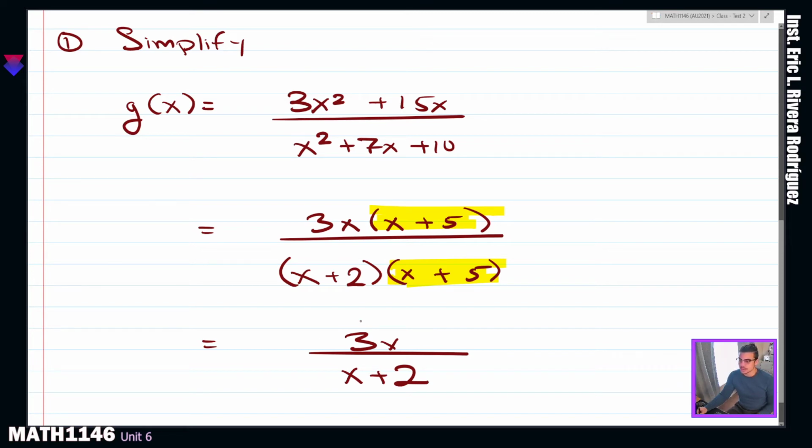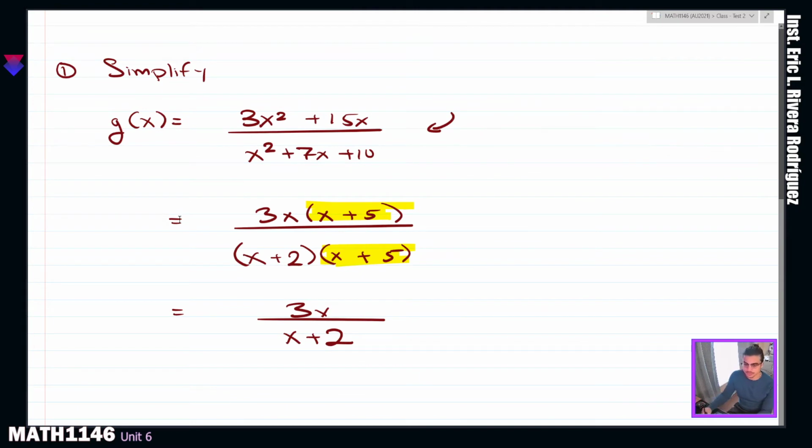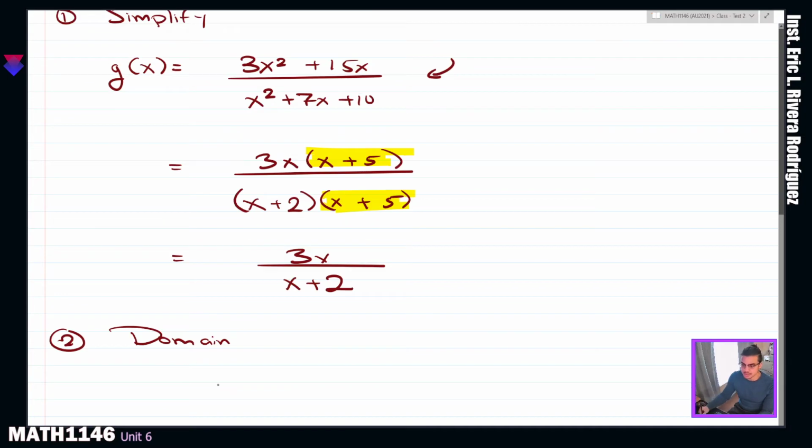All right, careful here. You need to always take into consideration the original function that you are working on, the equation of the original function. Why is that? Because now, on the second step, we are going to determine the domain. And the domain is determined by the restriction.